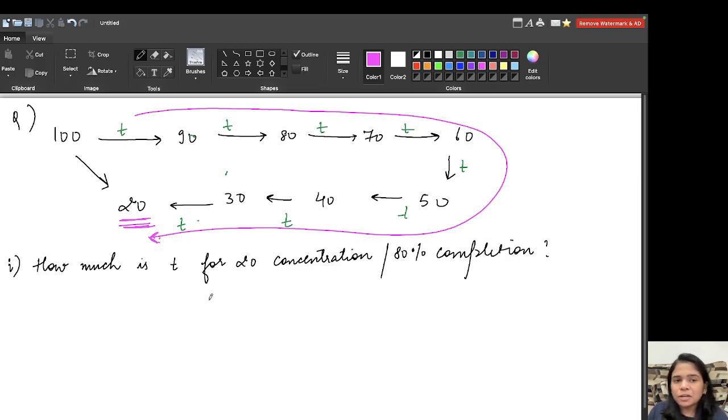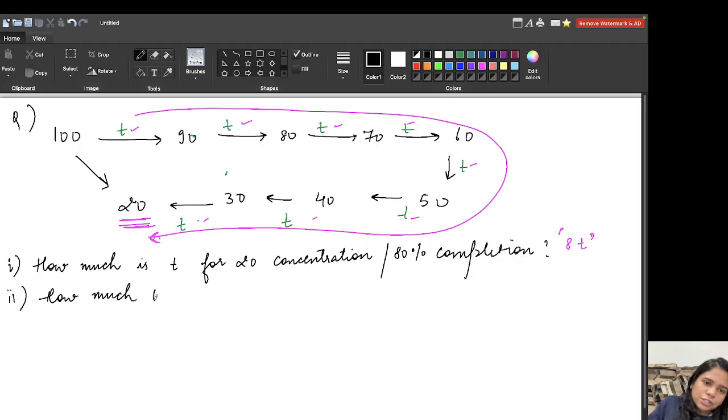So how much time in total have you taken? 1, 2, 3, 4, 5, 6, 7, 8. 8 T's, right? 8 T. Similarly, the second question you answer. How much time for 40 concentration?